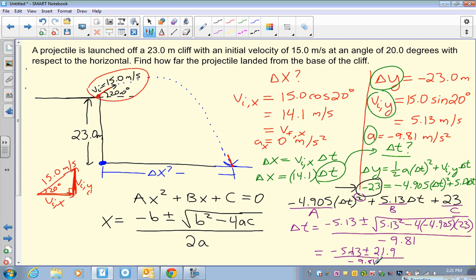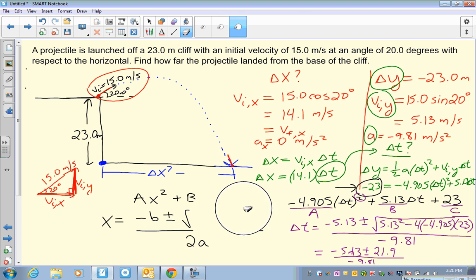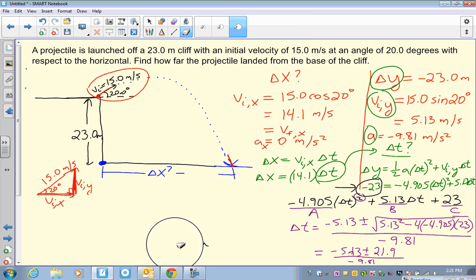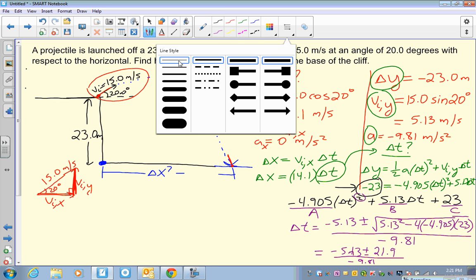So now comes a little bit of a tricky part. We have 2 possible answers. Notice the plus or minus. Evaluate both of those separately. Now that we know the quadratic formula, I don't really need that. So you're going to get negative 5.13 plus 21.9.